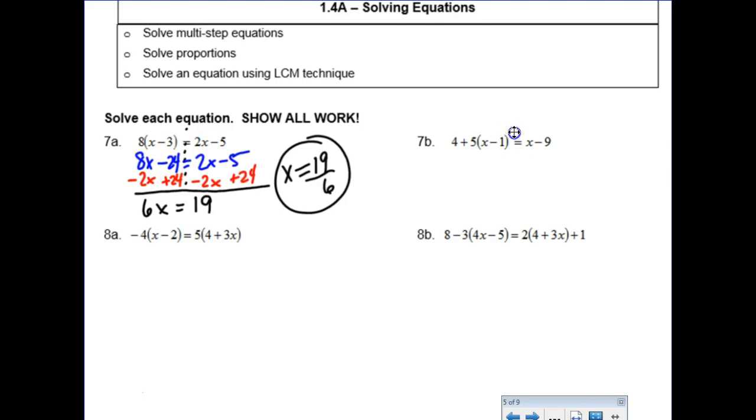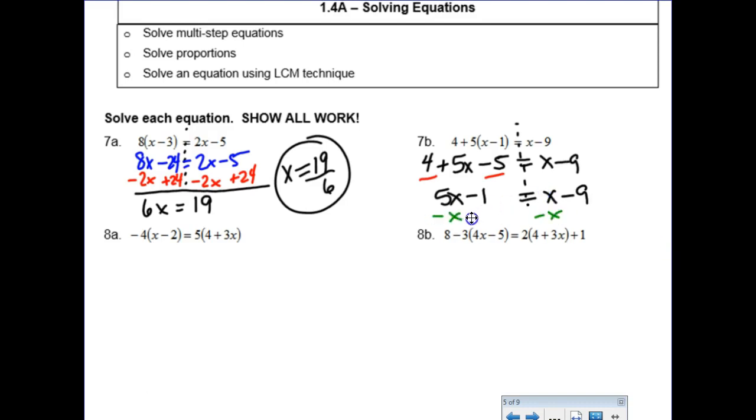Here on 7b, it's still a multi-step equation. You still have some distribution. Leave the 4 for a minute, but we're going to distribute that 5. So that's a 5x minus 5 equals x minus 9. Got some like terms that we need to collect over here, so this becomes 5x minus 1 equals x minus 9. All right, let's bring the x's to one side.